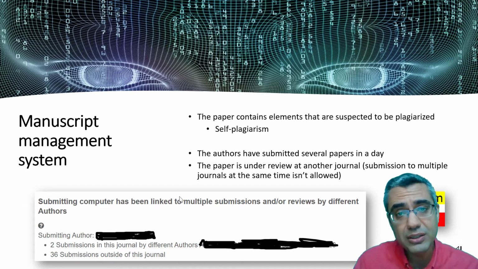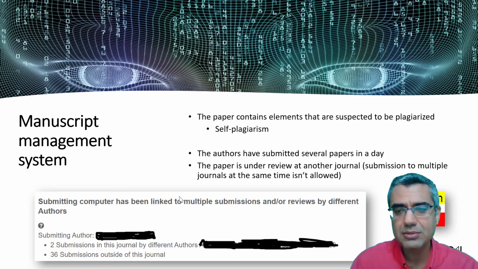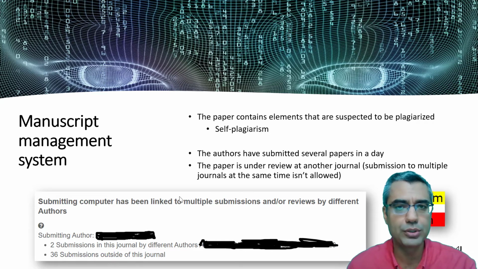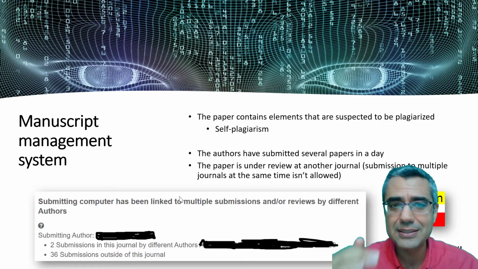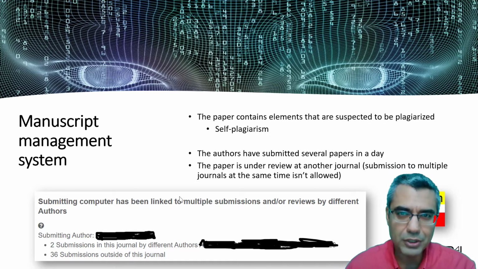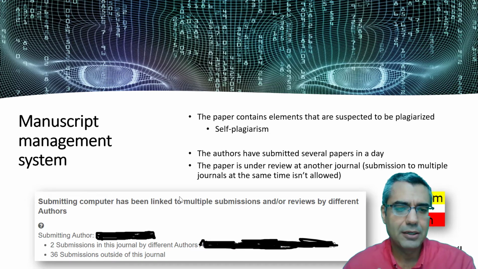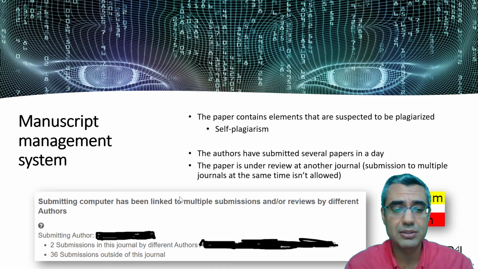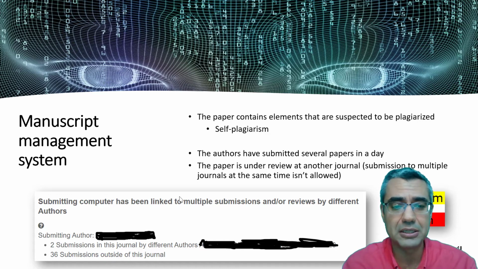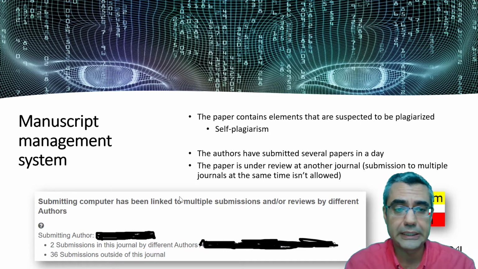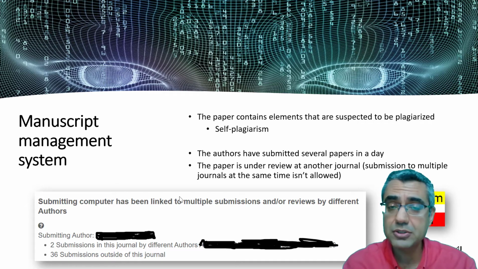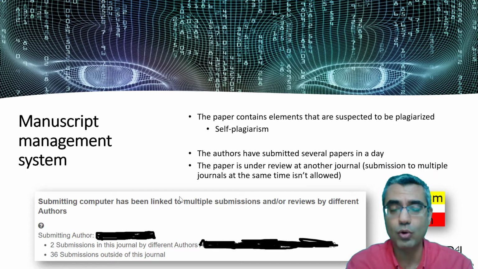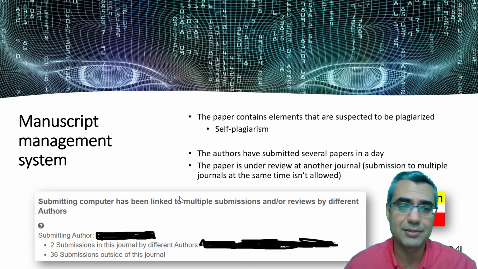I'm not saying we reject for these reasons, but they label them and ask the editor-in-chief to have a look. And I tell you, in most cases, I see there is something wrong. I don't know why the same laptop would submit 30-plus papers in a short period. But again, based on my personal experience, always when I check, I see there is something wrong.